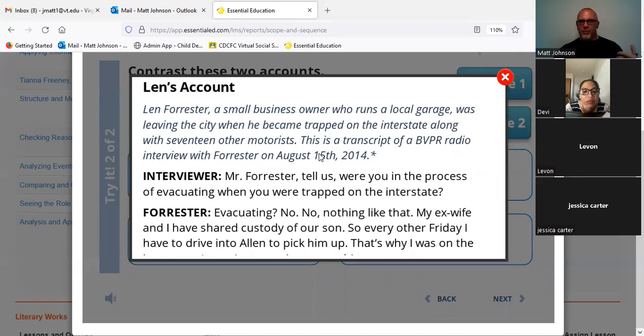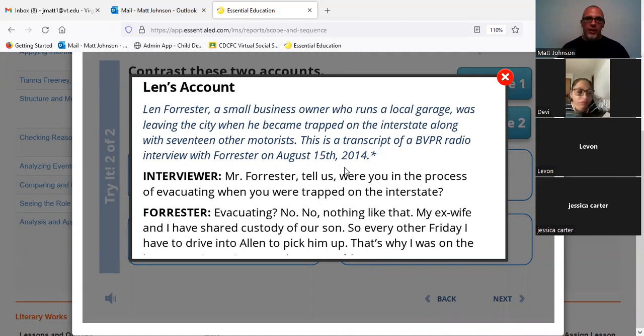This account is from Lynn Forrester, a small business owner who runs a local garage, was leaving the city when he became trapped on the interstate along with 17 other motorists. This is a transcript of a BVPR radio interview with Forrester on August 15th, 2014.